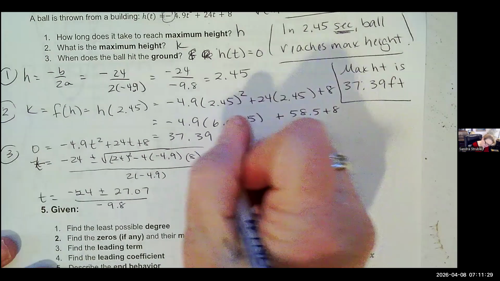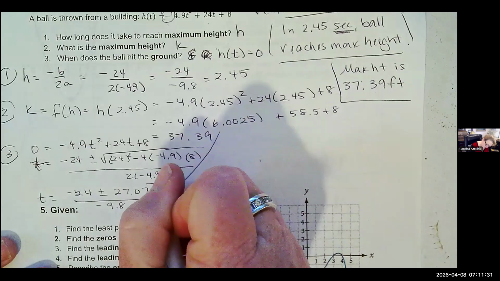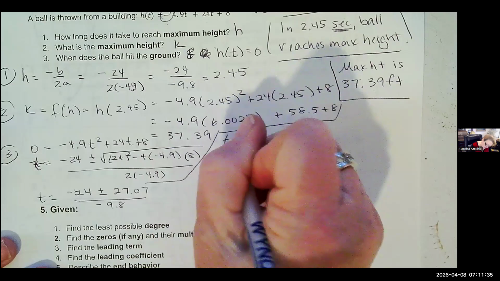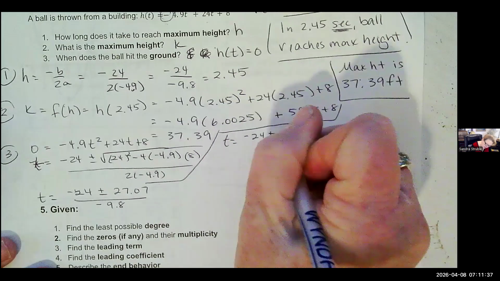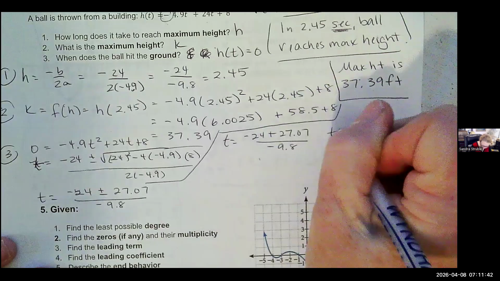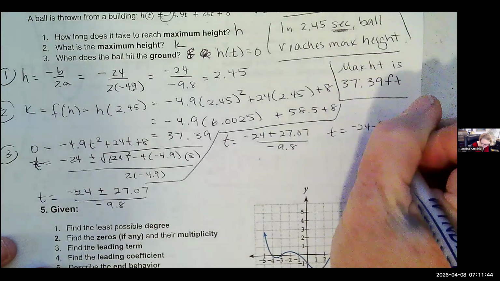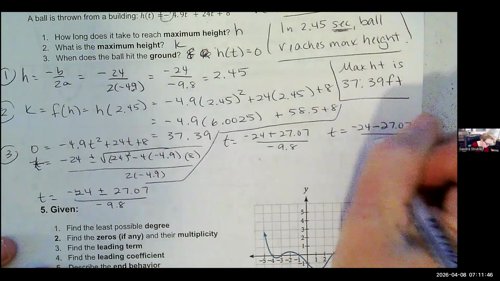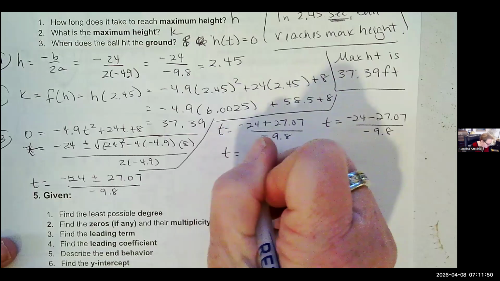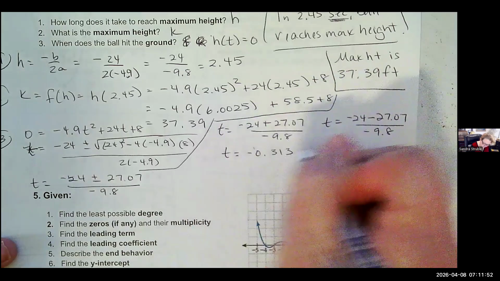We need to take this up here and go t equals negative 24 plus 27.07 divided by negative 9.8, and t equals negative 24 minus 27.07 divided by negative 9.8. We're going to get 2 different answers here. One is negative 0.313, and the other one is 5.21.